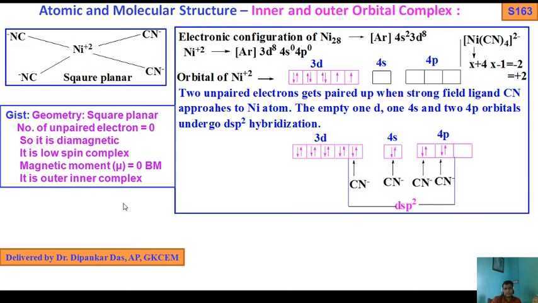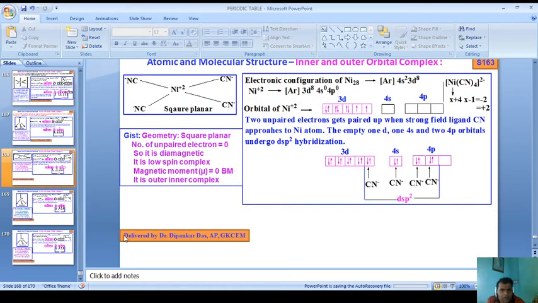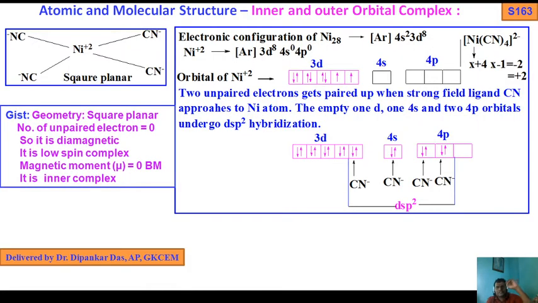It is an inner orbital complex. By mistake it has been written as outer and inner, but actually it is an inner orbital complex, as the 3d orbital is involved in the hybridization. So we can say [Ni(CN)4]2- has square planar geometry and is an inner orbital complex.